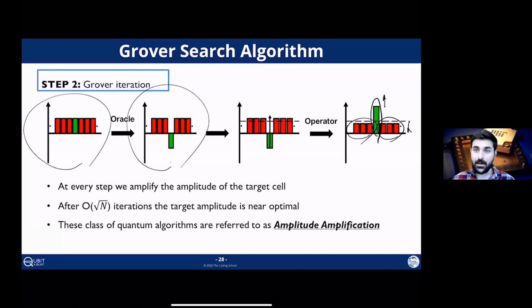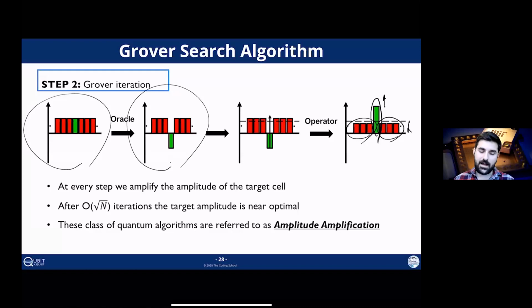And at every step, every time we do this, we amplify the amplitude of the target cell. And the target cell is the cell that we're looking for. Then after on the order of square root of n iterations, the target amplitude is near optimal, meaning near 1 or at 1, which means 100% probability of measuring it if we actually measure the state.